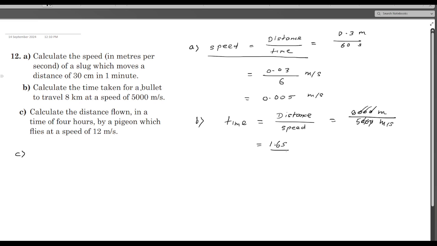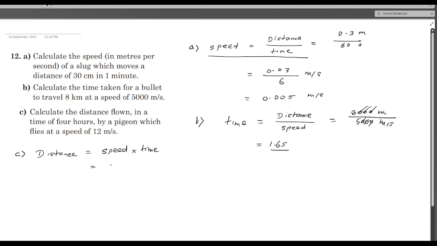calculate the distance flown. Your distance will be your speed times time. So your speed multiplied by time will give you distance. So calculate the distance flown in a time of 4 hours by a pigeon which flies at a speed of 12 meter per second.